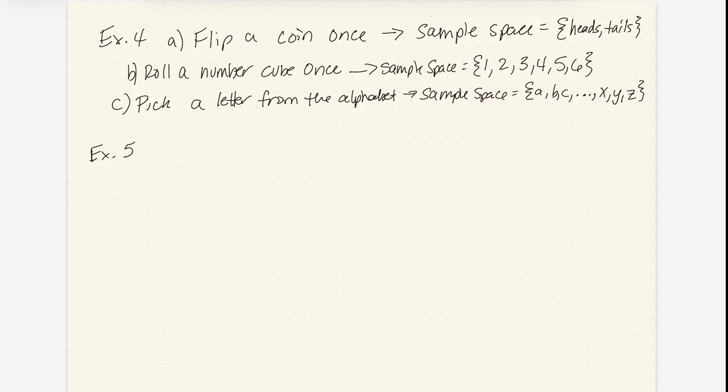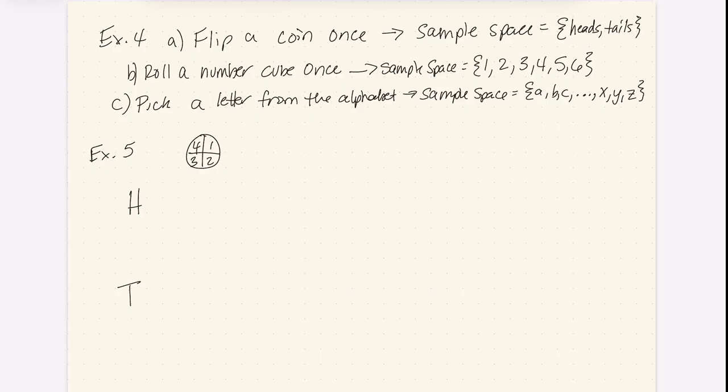What is the sample space for one coin toss and one spin? Okay, so if my probability for the coin is heads or tails, that would be my sample space for the coin itself. But my spinner has 4 possible spots, a 1, a 2, a 3, and a 4.